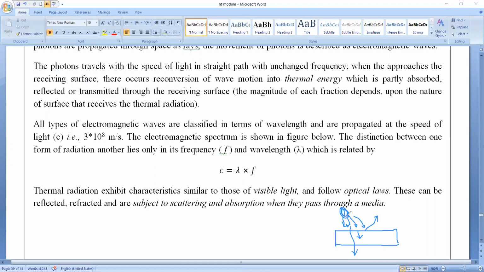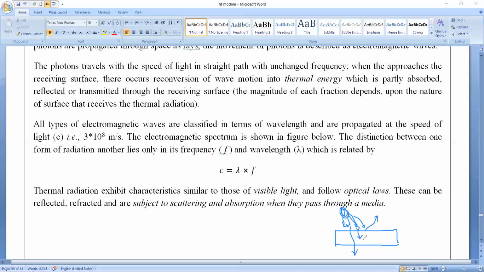So when these electromagnetic waves fall onto the receiver, these photons are immediately converted into thermal energy, that is in the form of heat. This is very important. The energy carried by the photons falling on the surface is immediately converted into thermal energy.